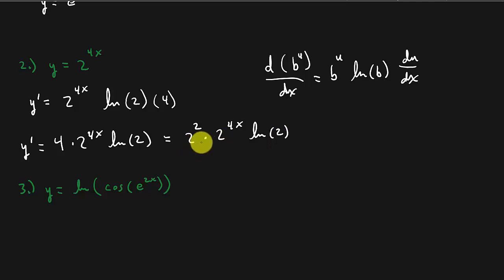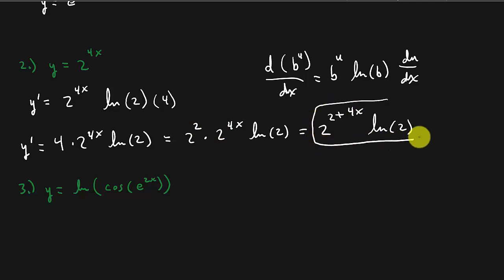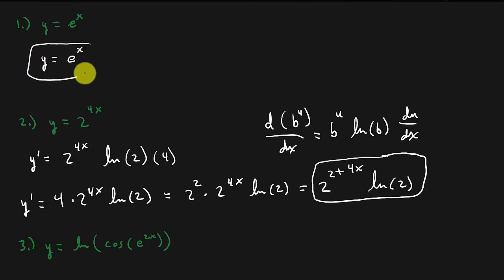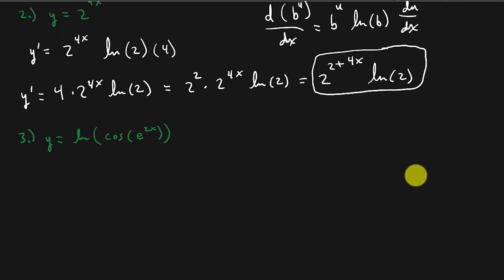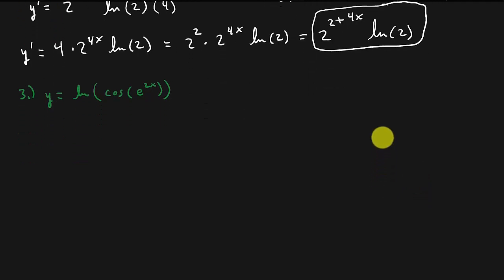And then what happens when you're multiplying like bases? That's going to be 2 raised to the 2 plus 4x times the natural log of 2. Remember, when you're multiplying like bases, you add the exponents. And so this is your answer. Let me go up here and circle this one too. Hopefully that makes sense.